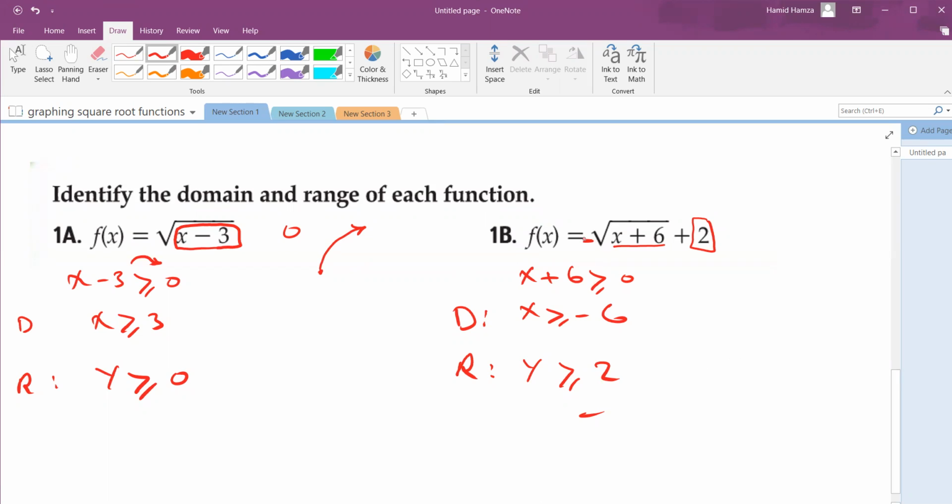If we don't have a negative, it will be y greater than or equal to 2. This is the range. But if it is negative, the range will change like this: y less than or equal to 2, like this, guys.